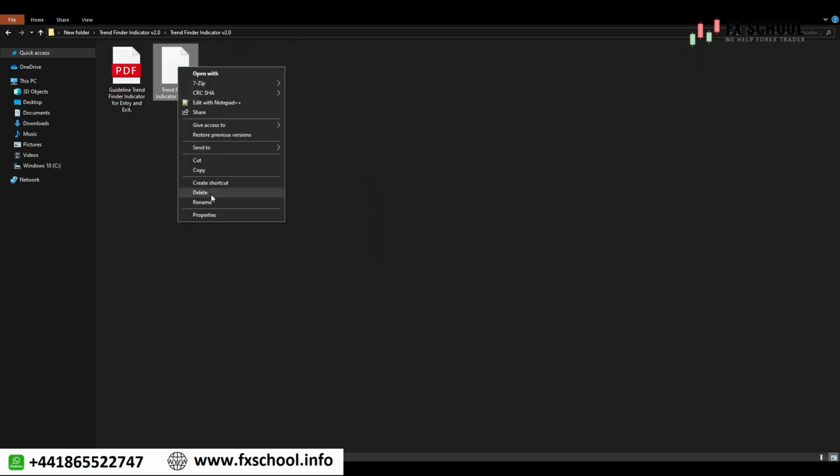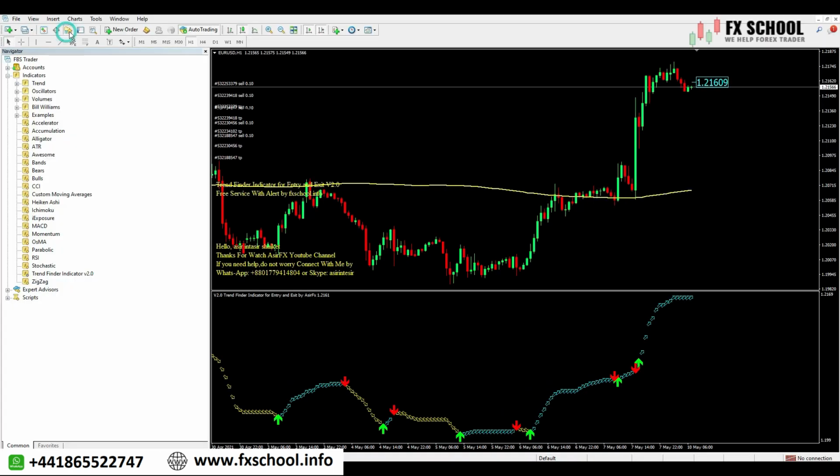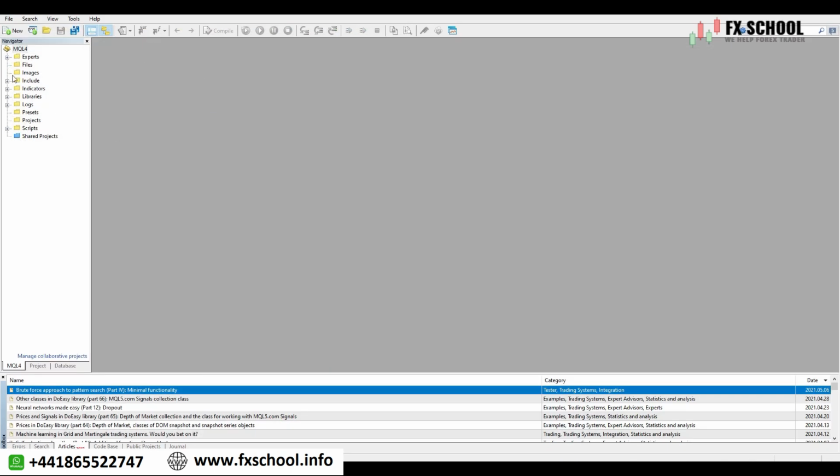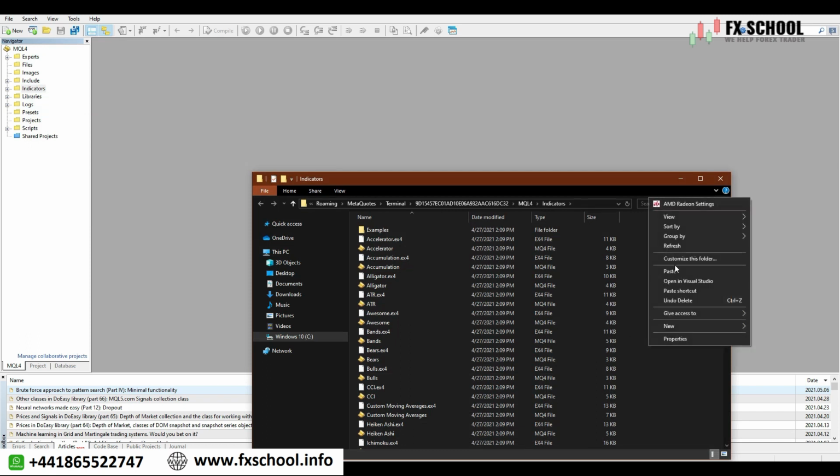Copy this indicator, open your MT4, click here, click MetaEditor. There is one thing you have to remember. There you can see indicators. Click the right button, open folder, and paste the indicator here.